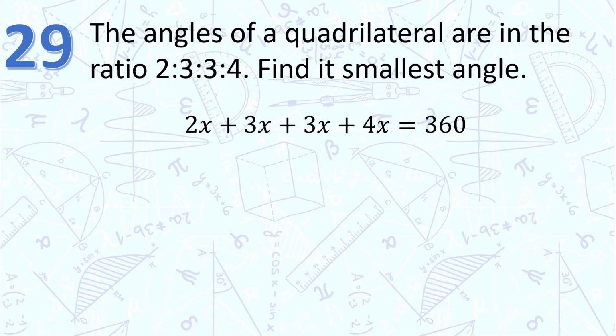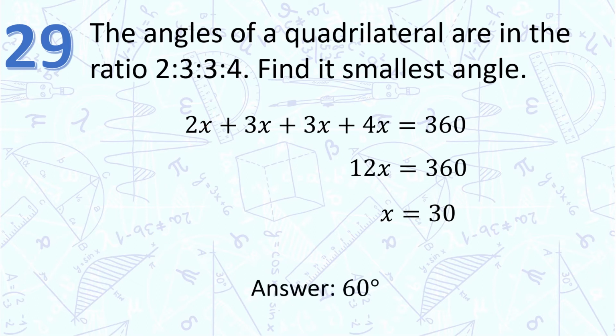Therefore, we have 2x plus 3x plus 3x plus 4x equals 360. Then we have 12x equals 360. Divide both sides by 12. We will have x is equal to 30. Hence, the smallest angle is 2 times 30. That is 60 degrees.